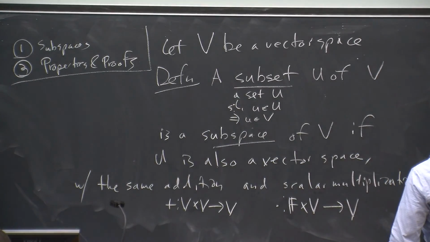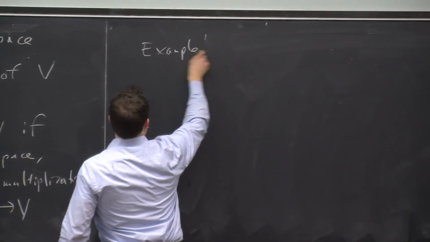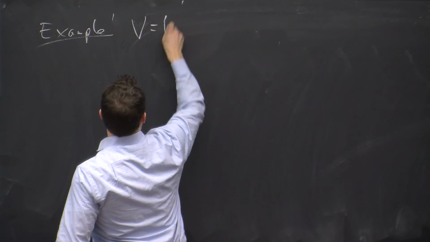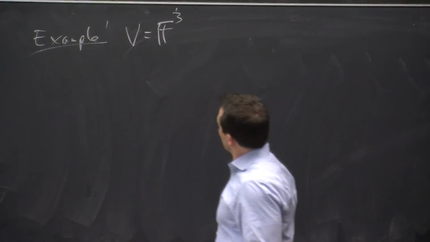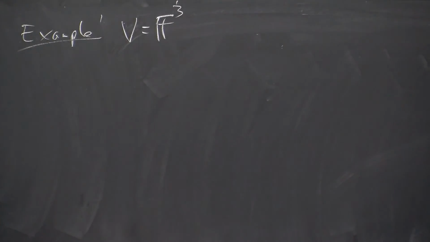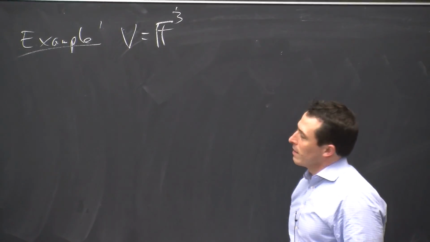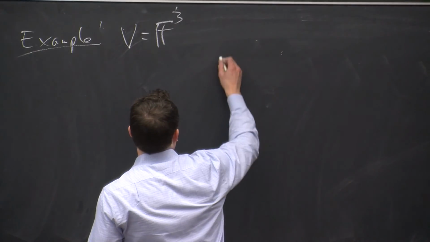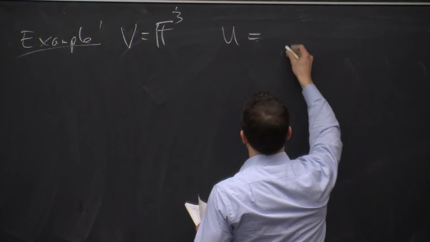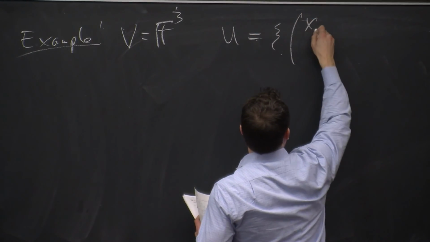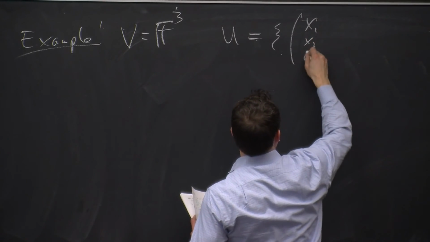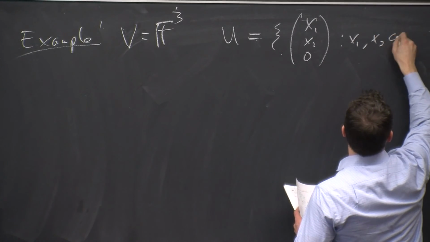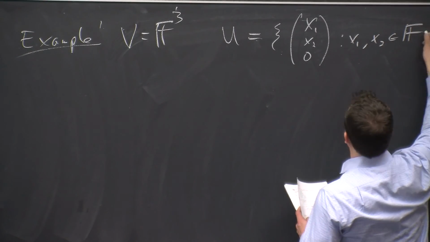Here's an example from finite dimensional land. Let's let V be the vector space F3. So triples of field elements with element-wise addition and broadcast multiplication. And let's let U be the set of vectors of the form x1, x2, 0, with x1 and x2 in the field, and 0 the 0 of the field.